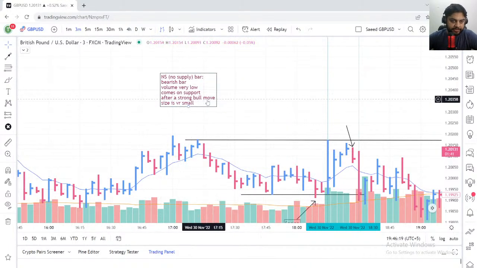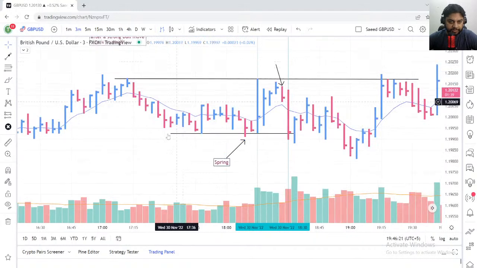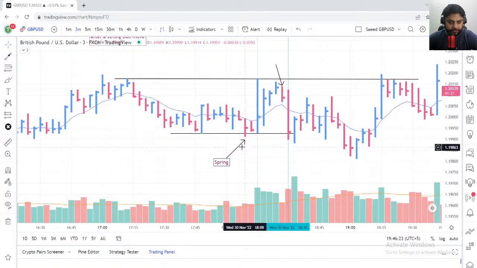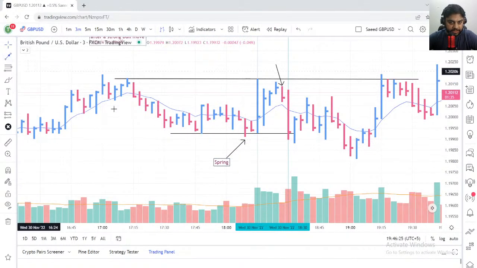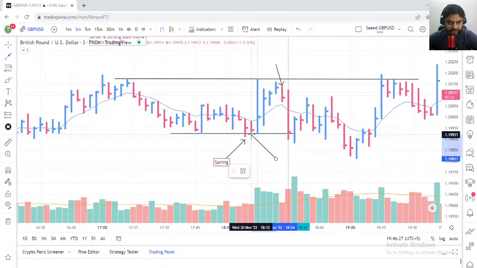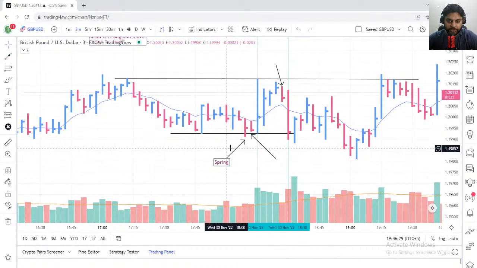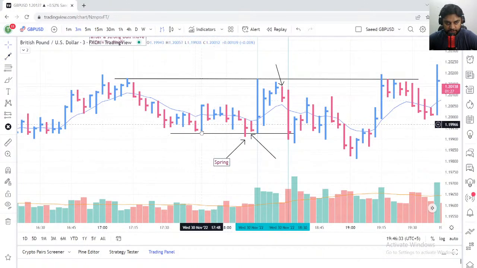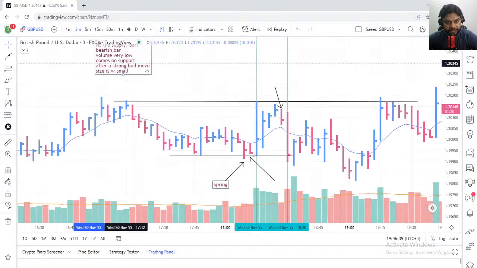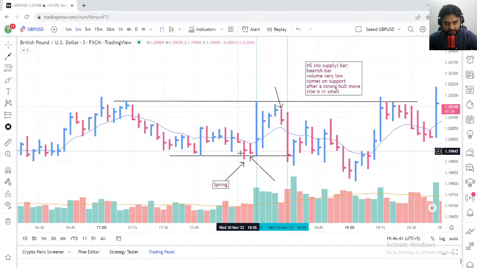Now, how do we identify no supply bars in the market? Well, if you pay attention, this bar right here is a no supply bar, because it is coming after this huge up move, this nice bull move. This bar itself is a bearish bar, right? It's a red bar.